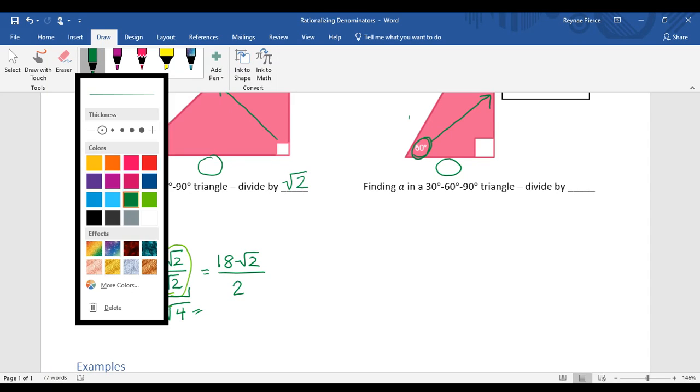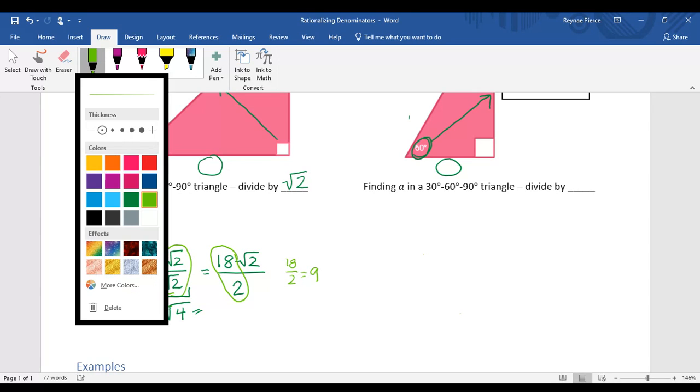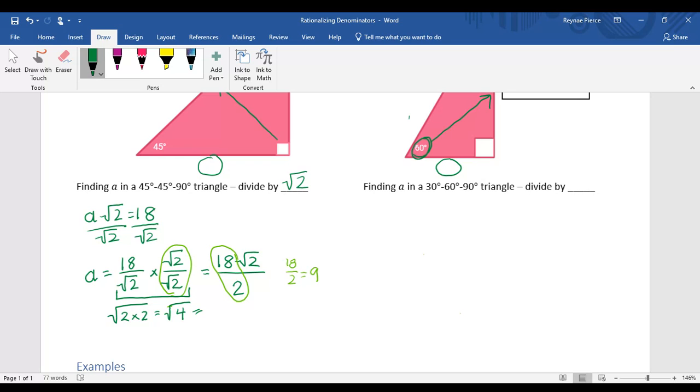The last thing you need to check is, does the number in front of the radical in my numerator over the denominator simplify? 18 over 2 is 9. So our final answer for the length of both of those legs of my 45, 45, 90 is 9 square roots of 2.